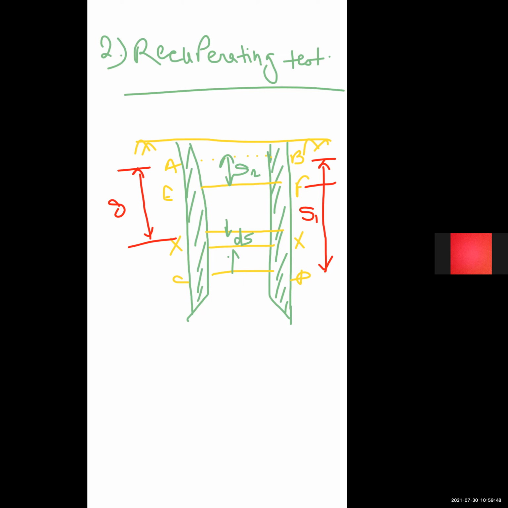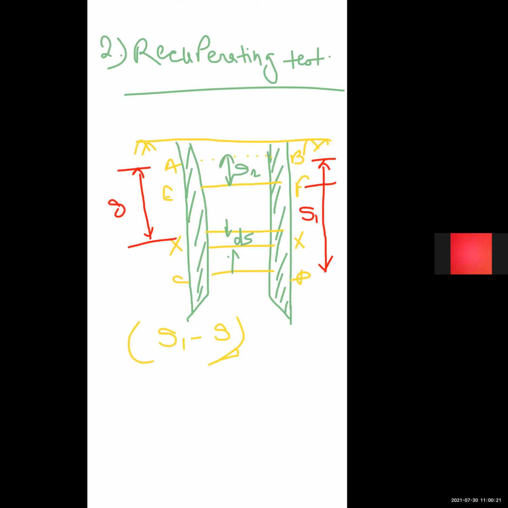Let ds be the decrease in depression head in a time dt after time t. Hence in a time t after the pumping is stopped, the water level recuperates by S1 minus S, and it again recuperates by ds in time dt after this.